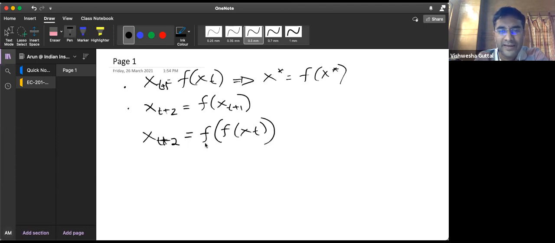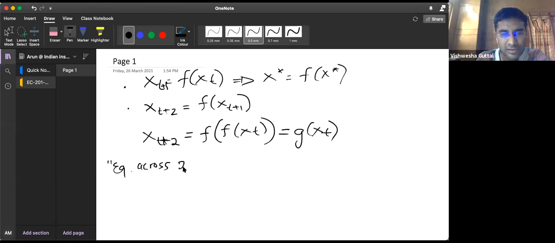I hope all of you understand what this notation means. Now if I write f of f of xt as a new function g of xt, I can actually connect the tth generation and the t plus 2nd generation. So now I can define a sort of equilibrium across 2 generations.